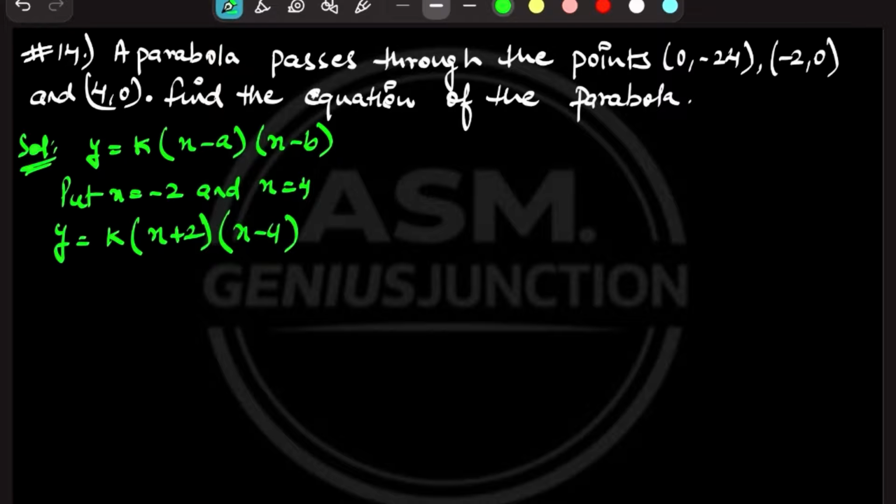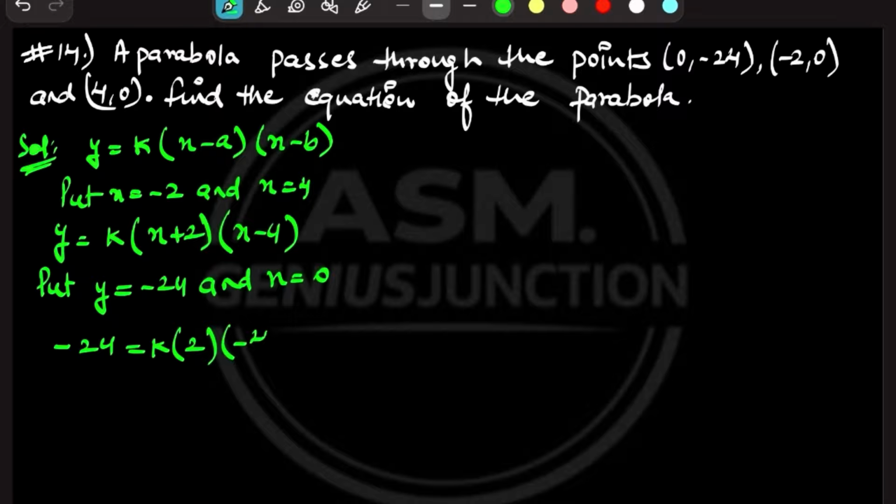Okay, now this curve also passes through the point 0 comma -24, so we will put y equals -24 and x equals 0. So we will get -24 equals k times, x is 0, so it is going to be 2 and -4.